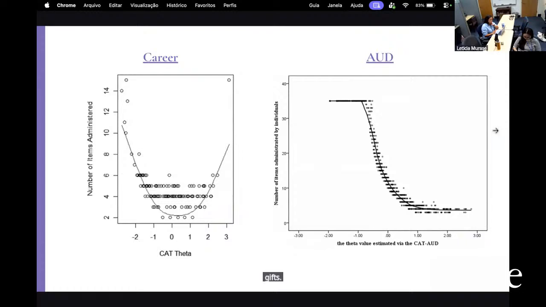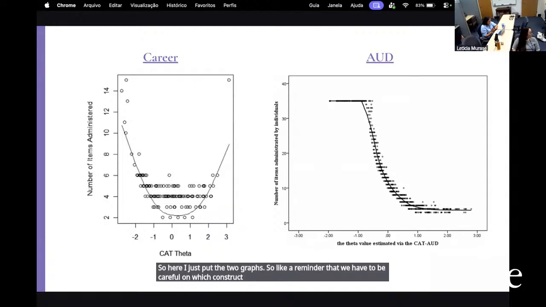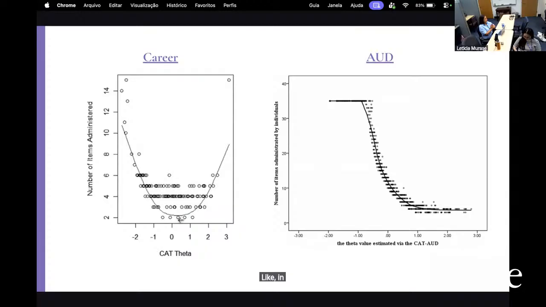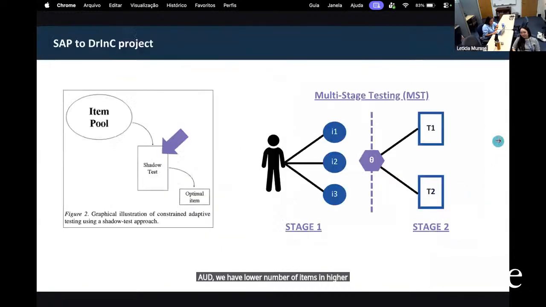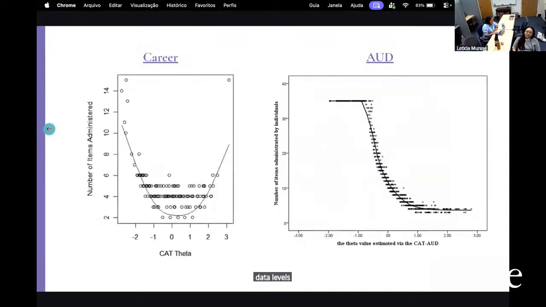Here I just put the two graphs as a reminder that we have to be careful about which construct we are evaluating when we estimate the number of items. Here we have fewer items in the middle of the curve, at average theta, while in AUD we have a lower number of items at higher theta levels.